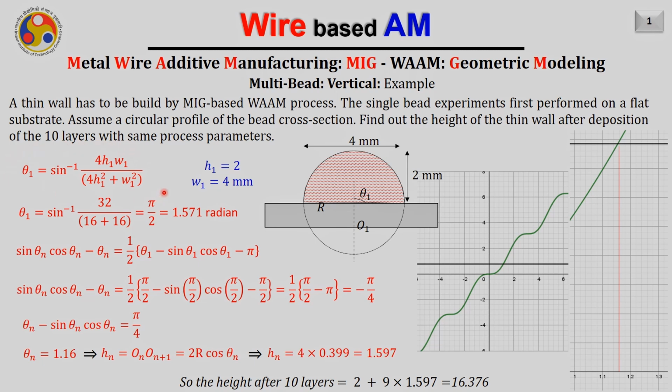This we have already proved in our previous slides. So, this is the value of the angle theta 1 when the bead is deposited on a flat surface. If I put h1 equals 2 and w1 equals 4 in this formula, the value of theta 1 will be pi by 2, or in radians it will be 1.571.